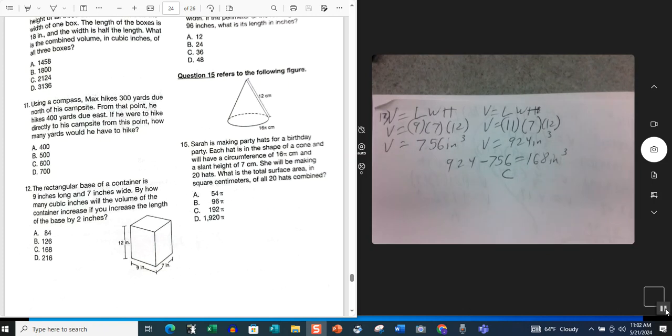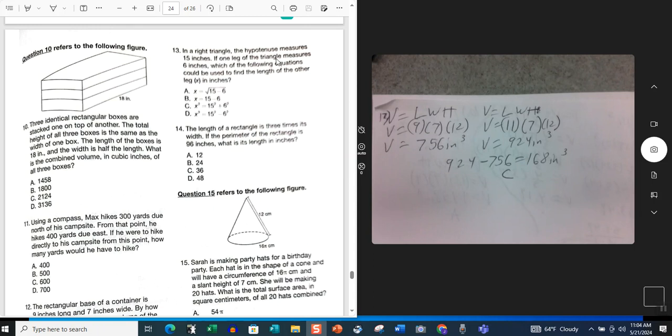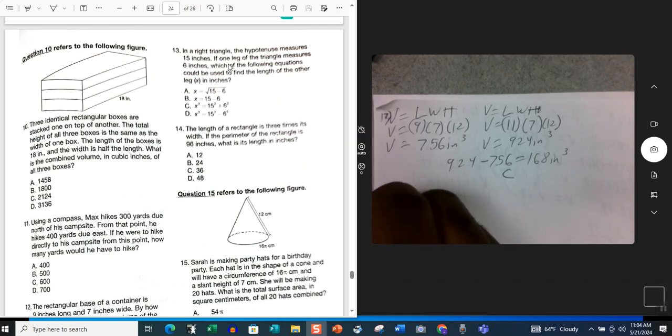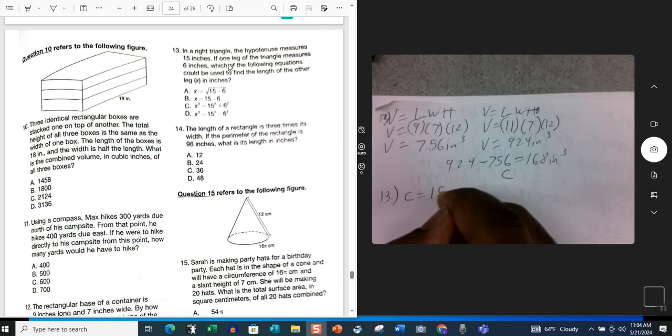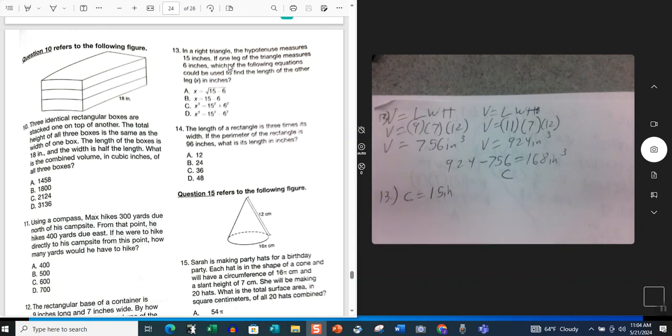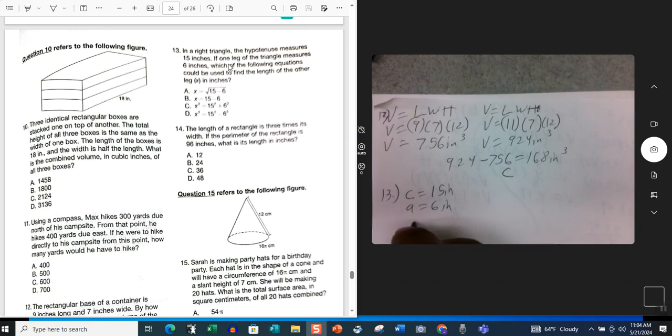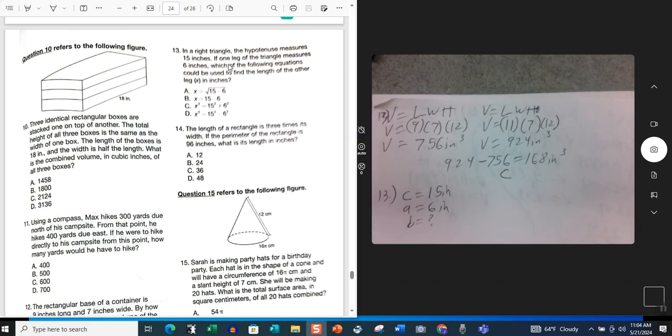Now we move on. All right, so number 13, it says in a right triangle, the hypotenuse measure is 15 inches. So let's put that down here. So the hypotenuse, or C, is 15 inches. If one leg of the triangle measures 6 inches, we'll make A 6 inches. Which of the following equations could be used to find the length of the other leg? So that'll be B that we don't know.